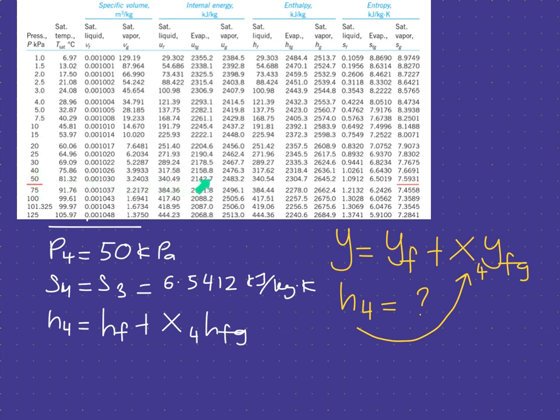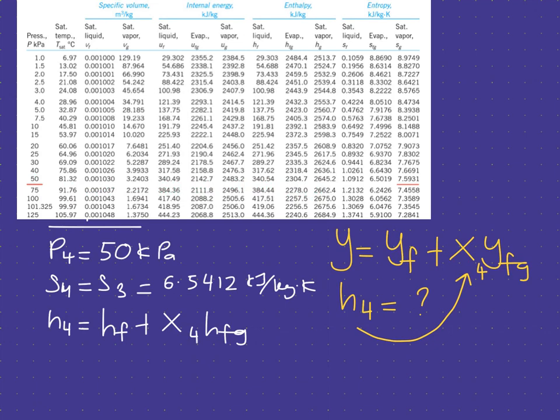You look at the enthalpy value, which will give you your hf and your hfg. But where are you going to get your x4? x4 can be obtained, again, by making use of this general equation.